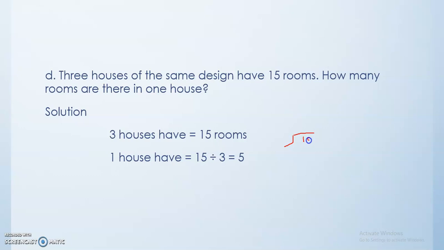We write 15 in the dividend and 3 in the divisor. And 15 comes in the table of 3 when we multiply it by 5. So 3 5s are 15. We got 5, which means each house, each means 1, each house has 5 rooms.